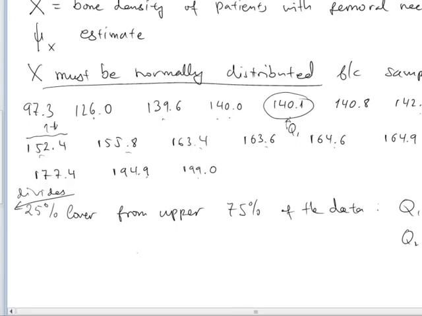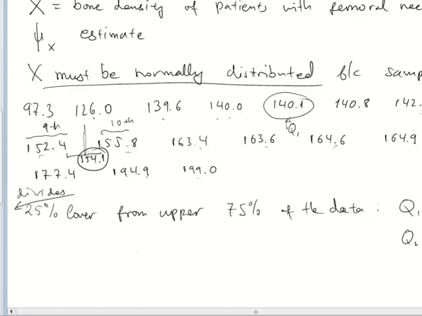This is the 9th data point, and this is the 10th data point. On the right of a hypothetical number which is between these two, you have 1, 2, 3, 4, 5, 6, 7, 8, 9. Of course, 9 data points. So what would I designate naturally as the median here? Well, the midpoint between the 9th and the 10th value, and that actually ends up being, according to my calculations, 154.1. So that's the median.